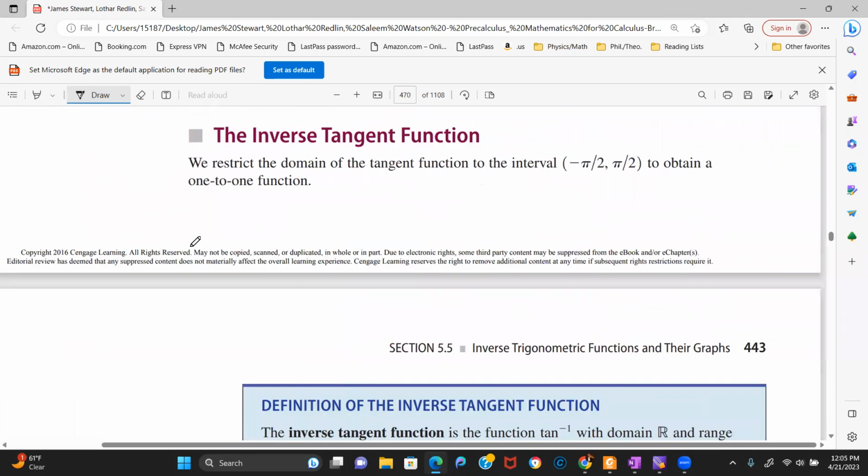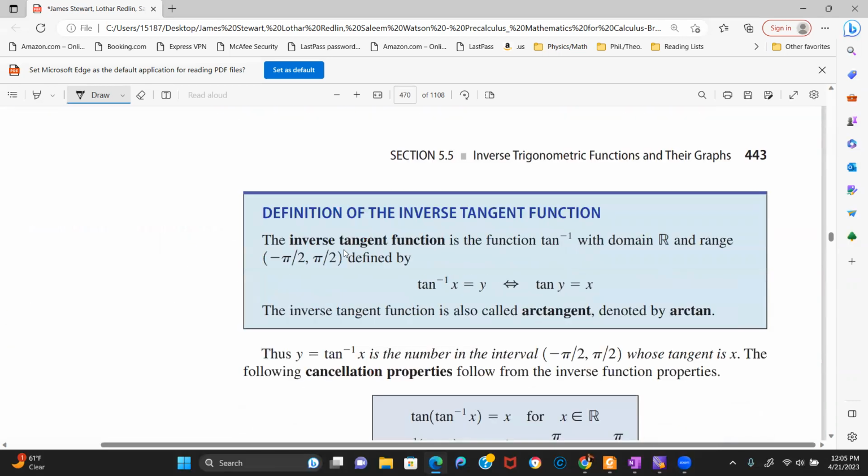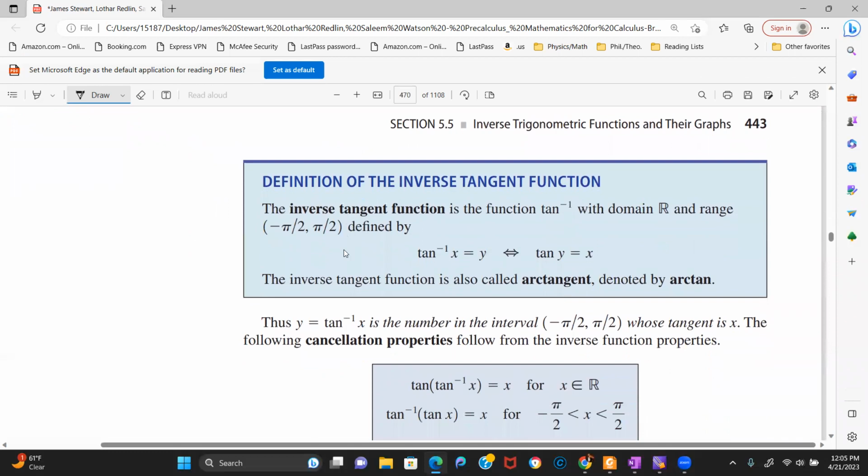All right. So now we're going to look at restricting the domain of the tangent function to get something that's one-to-one and hence has an inverse. So it's the same setup. So now we have tangent. We're going to look at tangent as a function from the set negative pi over 2 to pi over 2 into the real numbers.